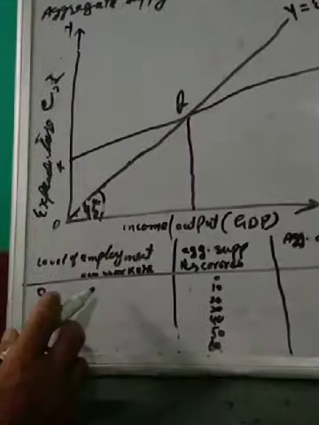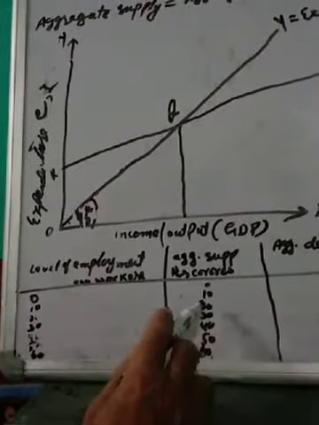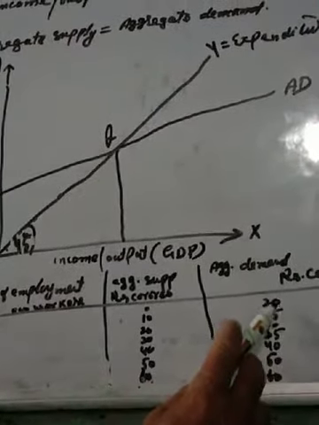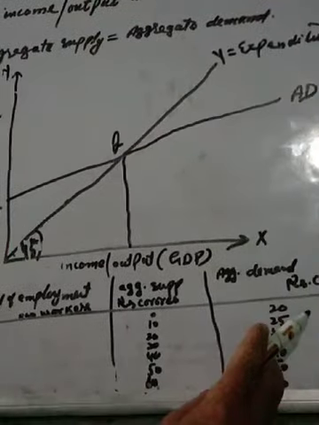While the level of employment of workers increases from 0 to 10, the aggregate supply in crores is also 10, while the aggregate demand increases from 20 to 25 rupees crores.